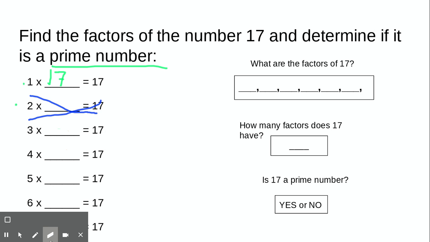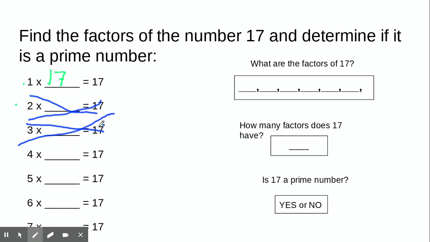3 times what number is 17? That doesn't work either, so we can cross that one out. 3 is not a factor of 17. How about 4? Is 4 a factor of 17? No, it's not.